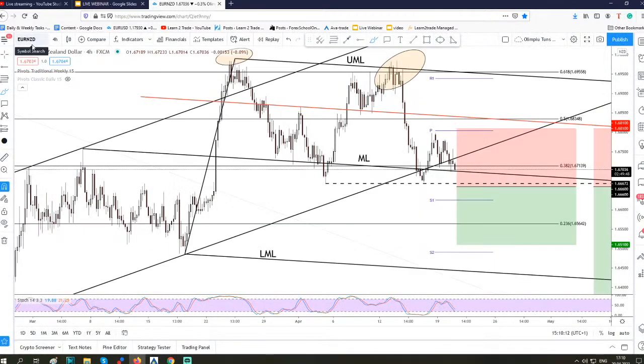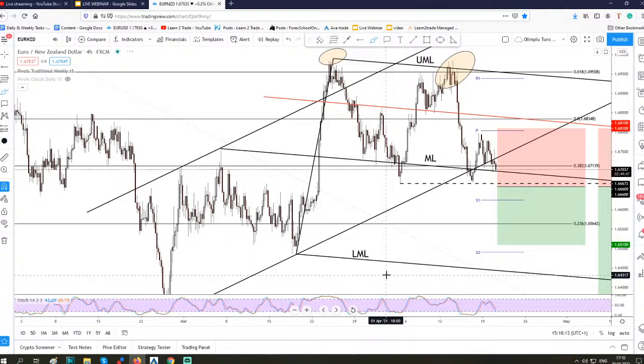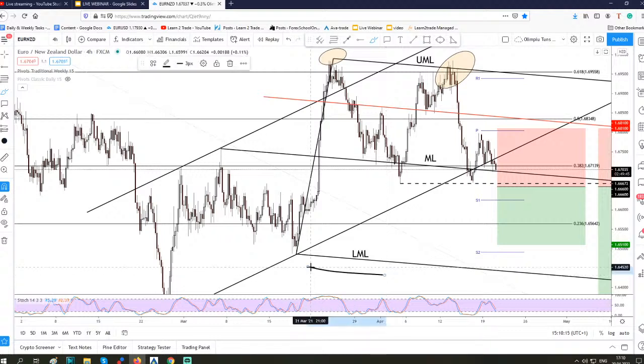And let's take a look again at the euro versus the New Zealand dollar, because we placed a trade here, a sell stop, guys, right?